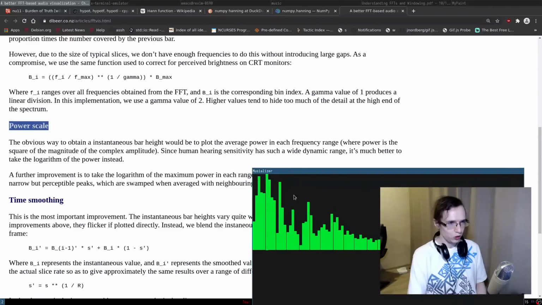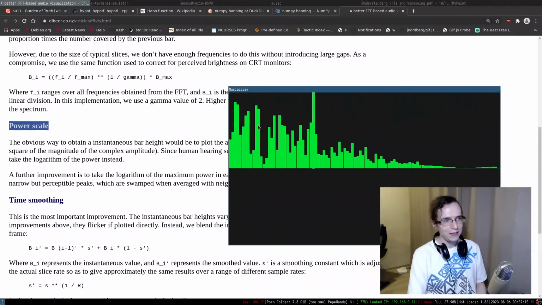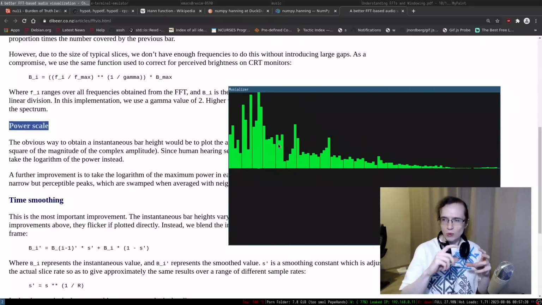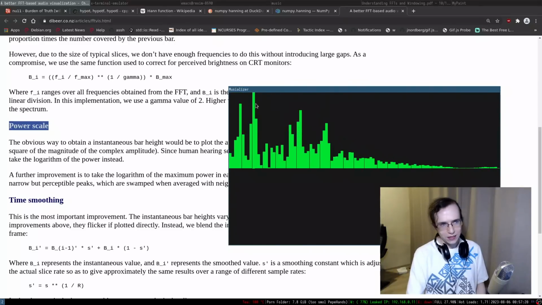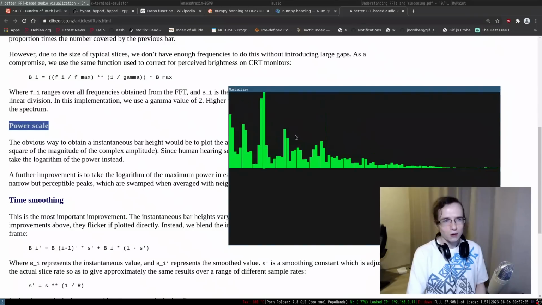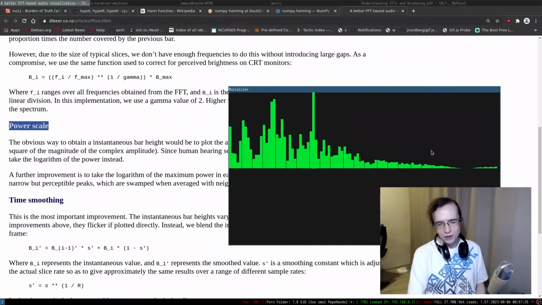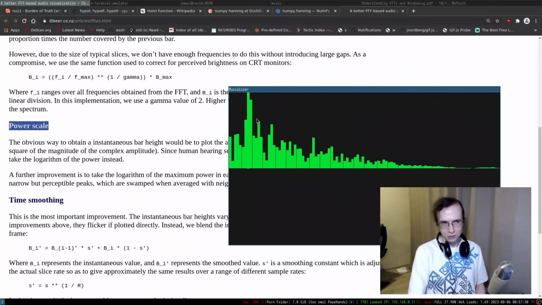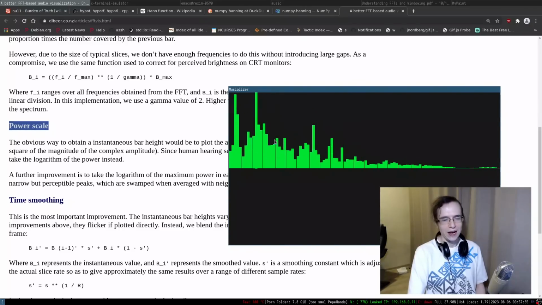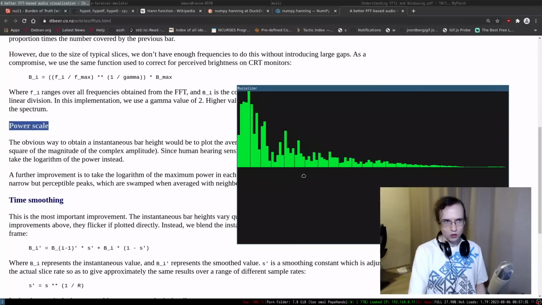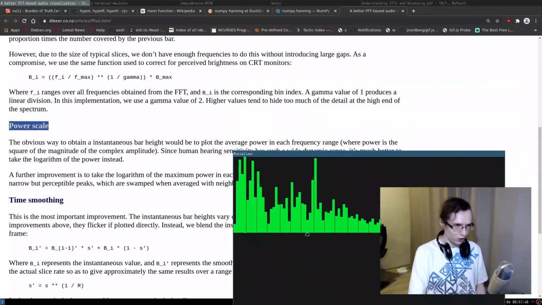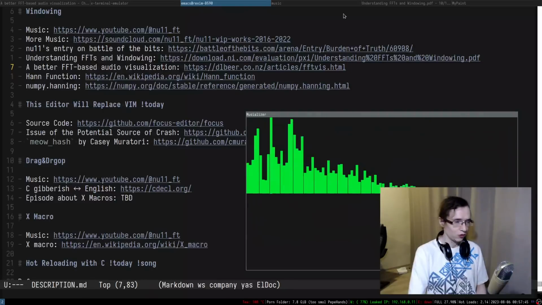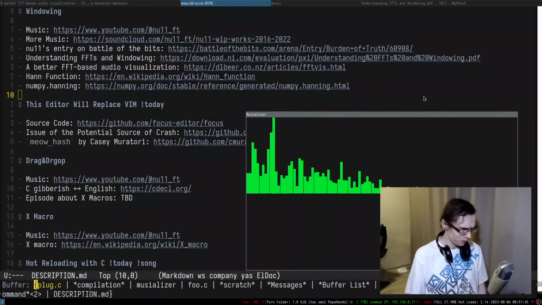They suggest that you do a logarithm on them, because the bigger the frequency, they kind of grow exponentially. So the more powerful frequencies really overwhelm the less powerful frequencies, so you can't see them anymore. Because of that, you see these very high peaks. One of the ways to combat that is to do a logarithm on this bar, right? So we can go ahead and try to do that.